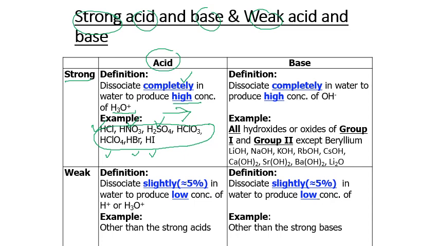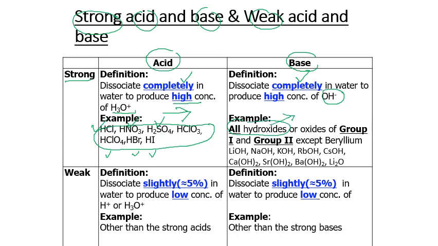While a strong base still has the same definition, where it dissociates completely, but for the base, it will produce hydroxide ion. What are the examples of the strong base? All hydroxides.